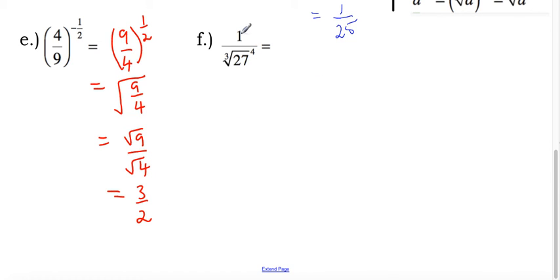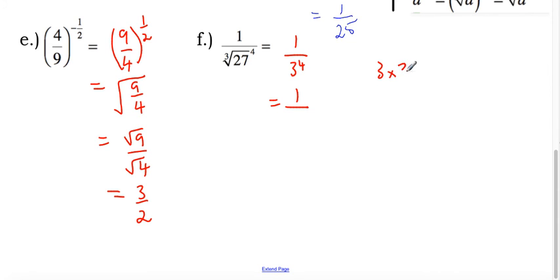Last one. 1 over the cube root of 27 all to the power of 4. Let's keep the 1 there. Cube root of 27. What times by itself 3 times gives me 27? Well, 3 times 3 is 9. Times another 3 is 27. So that would be 3 to the power of 4. And then, let's see if we can work this out in our head.